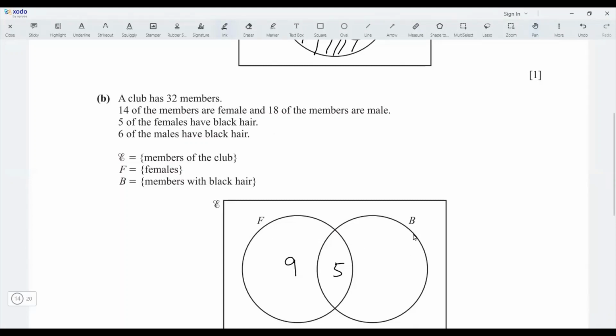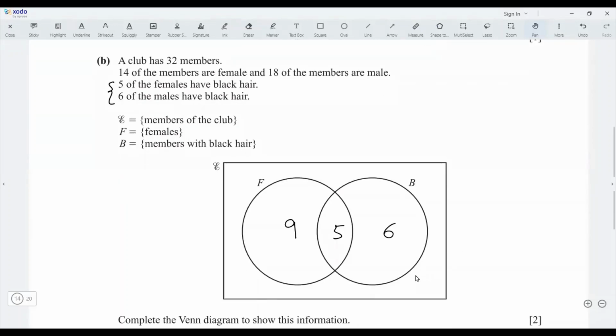What about the members who have black hair and are not females? Total persons with black hair are 11, 6 plus 5 is 11. So if 5 are female with black hair, 6 will be left here. What about the total? Total is 32, so the remaining must be written outside. Add all of them: 9 plus 5 is 14, plus 6 is 20.